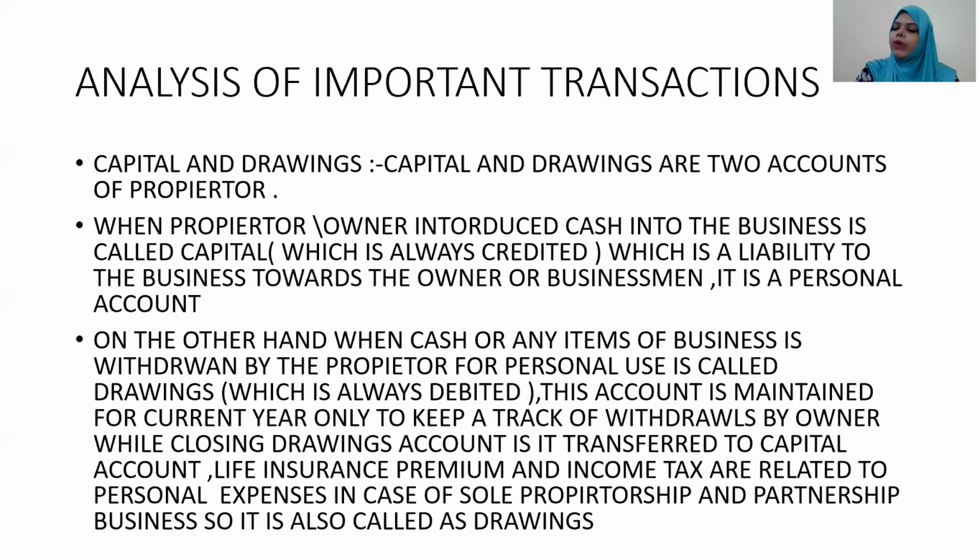So it is one kind of liability to the business, and it is liability towards the owner and the businessman. Liability means it has to be given back after some amount of time. The interest on capital, we say, has to be given after a particular time frame.